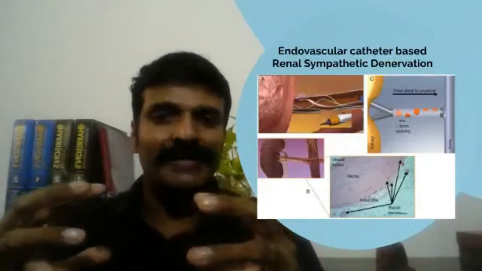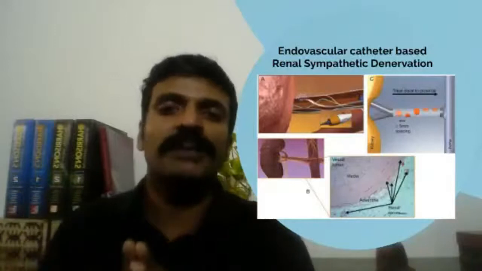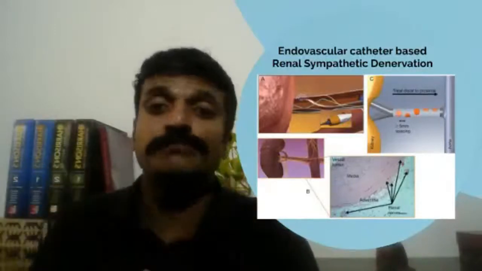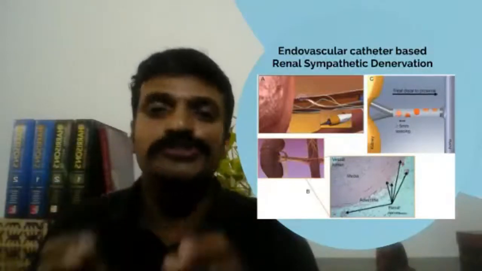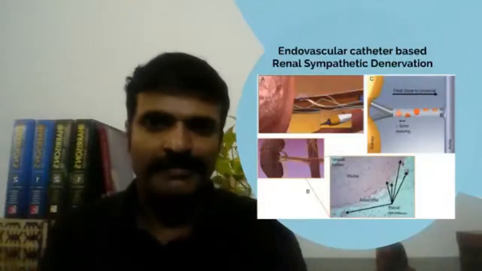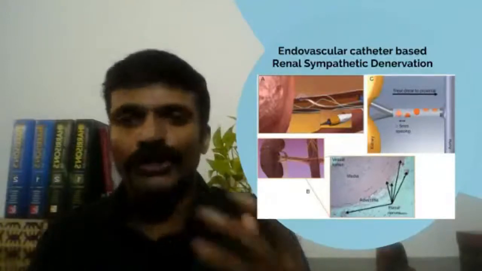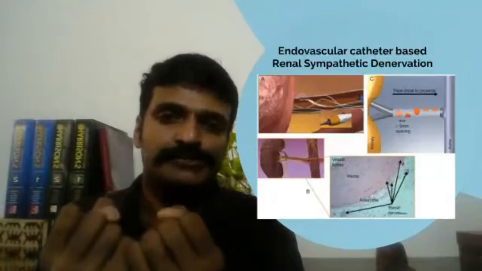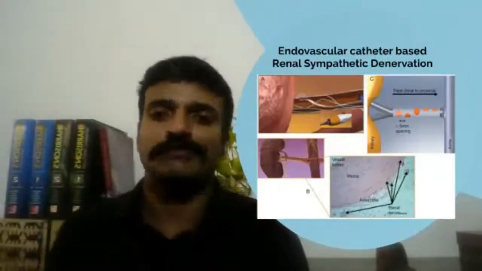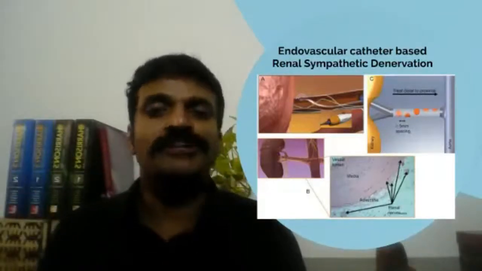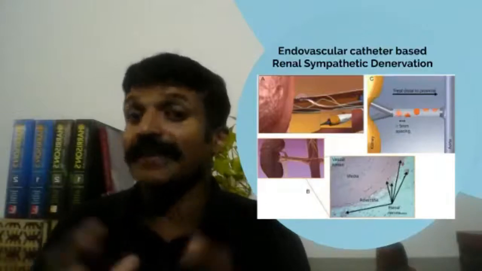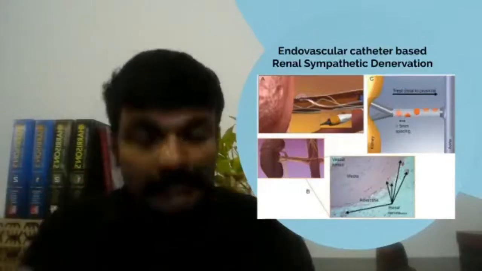This produces vasodilation in the kidneys, more blood flow to the kidneys, less stimulation of the renin angiotensin aldosterone system. And that reduces the vasoconstrictive actions of angiotensin, and that reduces the blood pressure. This too has been tried out in a large number of clinical trials and found to be useful in many patients who have resistant hypertension.